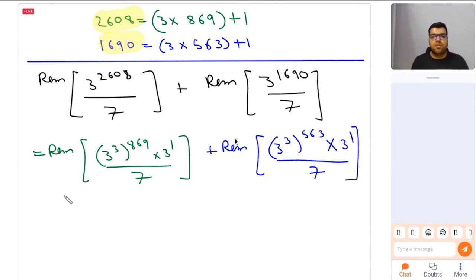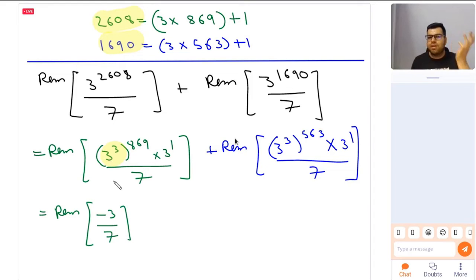So now this becomes remainder of, so 3 cube is 27. Its remainder with 7 is minus 1. So minus 1 raised to power 869, minus 1 raised to power something odd is minus 1 only. So what will be remaining over here? Minus 1 into 3, so minus 3 by 7. I am skipping the steps because I think now you understand. So remainder of 3 cube, so 3 cube is 27. Remainder of 27 with 7 is minus 1.